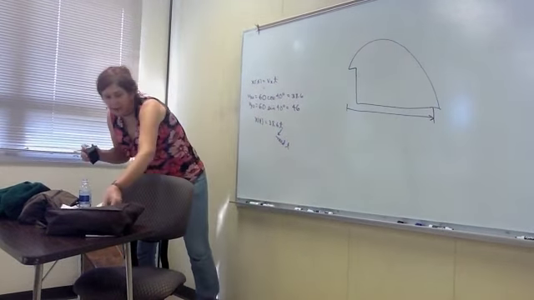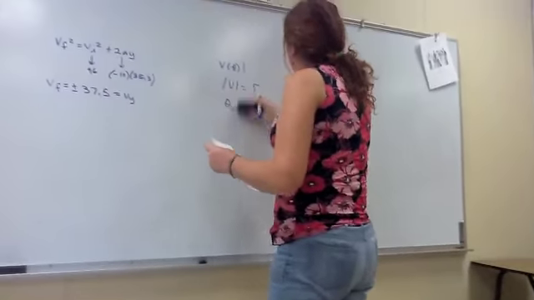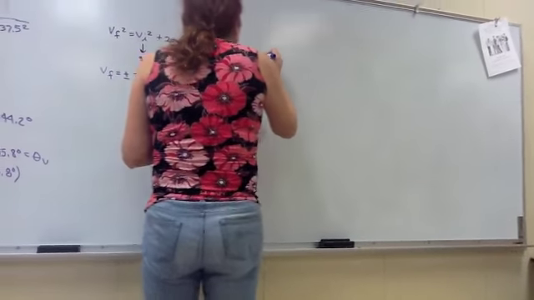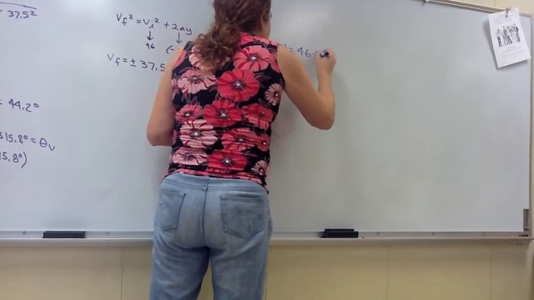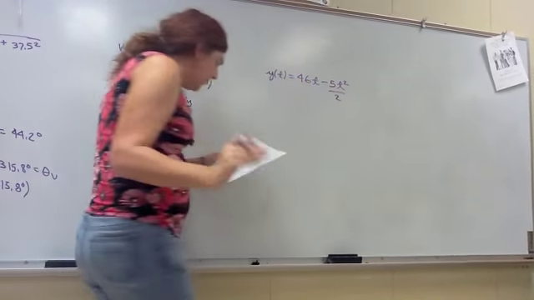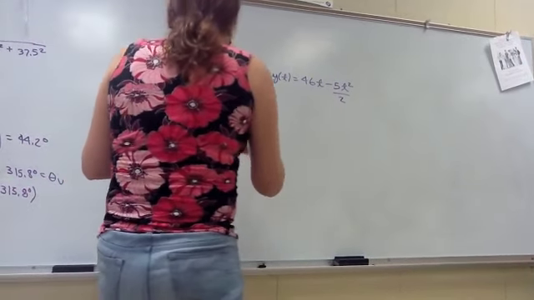So let's do that. Our y position equation, now that we have the 46 over there, is 46t minus 5t squared. But we have a specific value given to us. It drops a total of 100 meters.